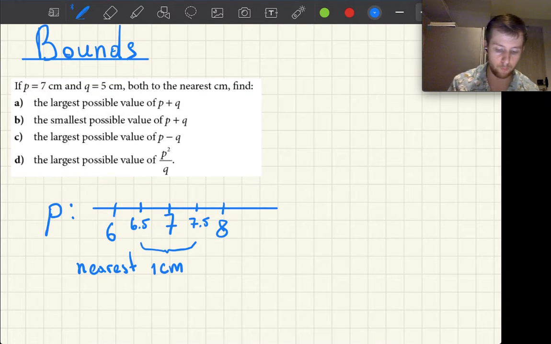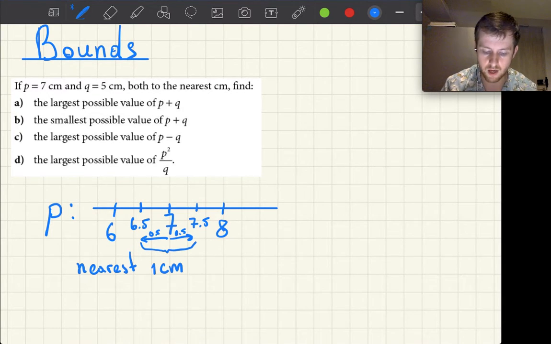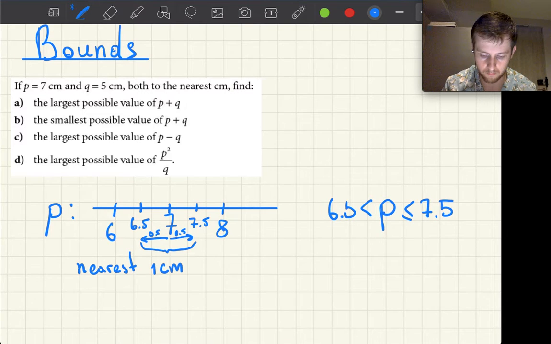We go halfway to the left, 0.5. We go halfway to the right, 0.5. So it means that P is between 7.5 and 6.5. That's the upper and lower bounds for P.